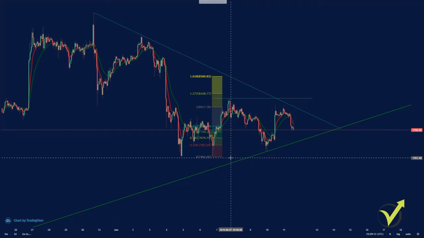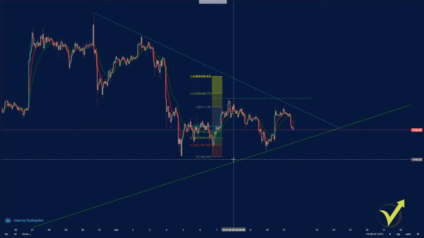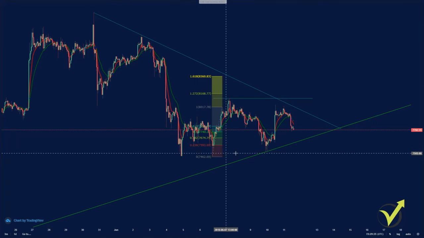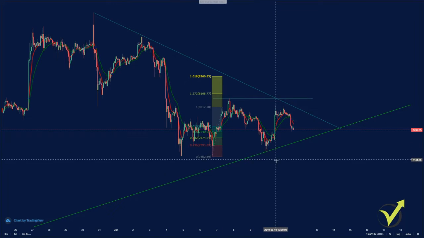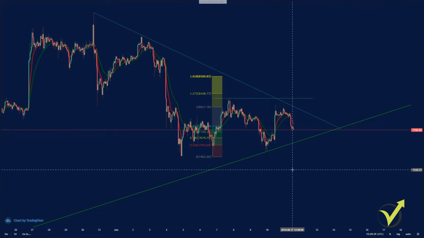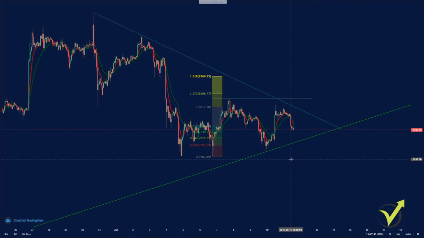Everything with 1,000, with 100 and even with the 50 is a round number. So if I have to place a stop loss somewhere around the round number, I would place it just below it, so I would place it at 7,440. So this way it is below these recent lows, below this low, and if the price goes below these levels, then I want to be out.